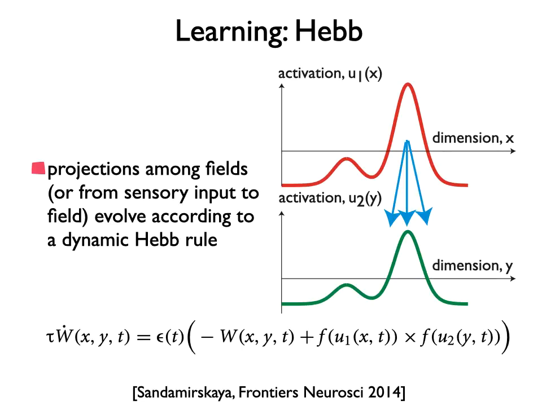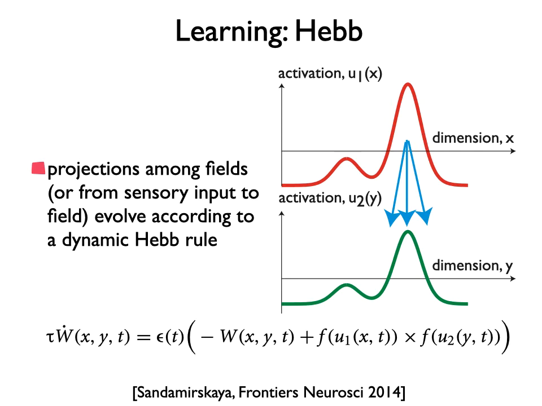So for instance, I think all of you know about Hebb's rule. Hebb's rule says that different neurons that are connected, when they are co-activated, will strengthen their connectivity, and that is something that makes sense in neurodynamics.